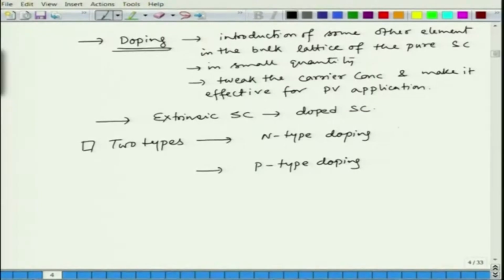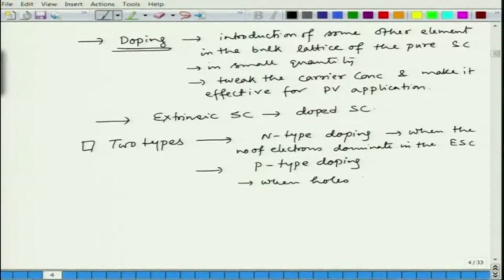We call it N type doping when the number of electrons dominate in this extrinsic semiconductor, and when holes are the major charge carrier, we call it P type doping. Okay. So, that is the difference, and how can we make it?